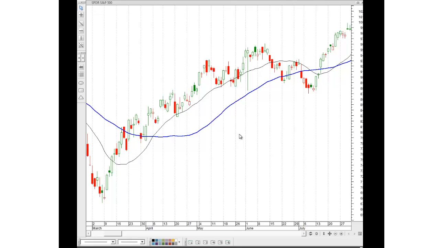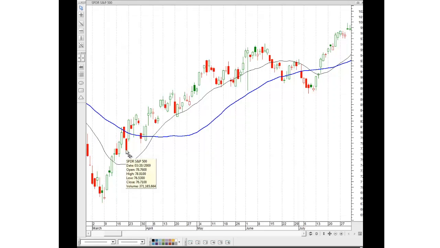The other technique that we can use for setting our stop loss is a trend line drawn underneath the support lows or the pivot lows. And remember, we're entering the trade right here, so there aren't too many pivot lows prior to that. Here is a pivot low. Here's a pivot low. This one down here is so low that we wouldn't be able to draw much of a trend line using that low.